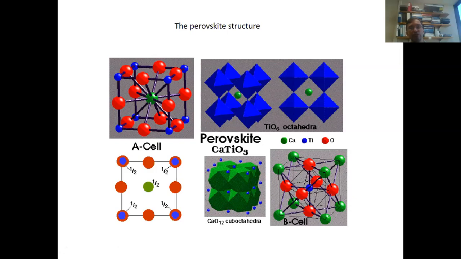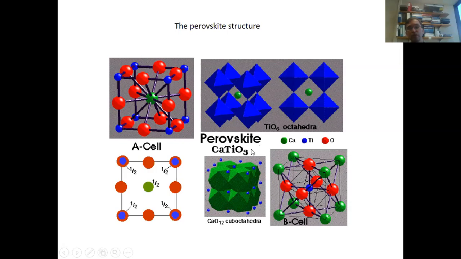All right, so we can view the perovskite cell also again differently because of the commutative nature between the sphere sites and the octahedral holes.